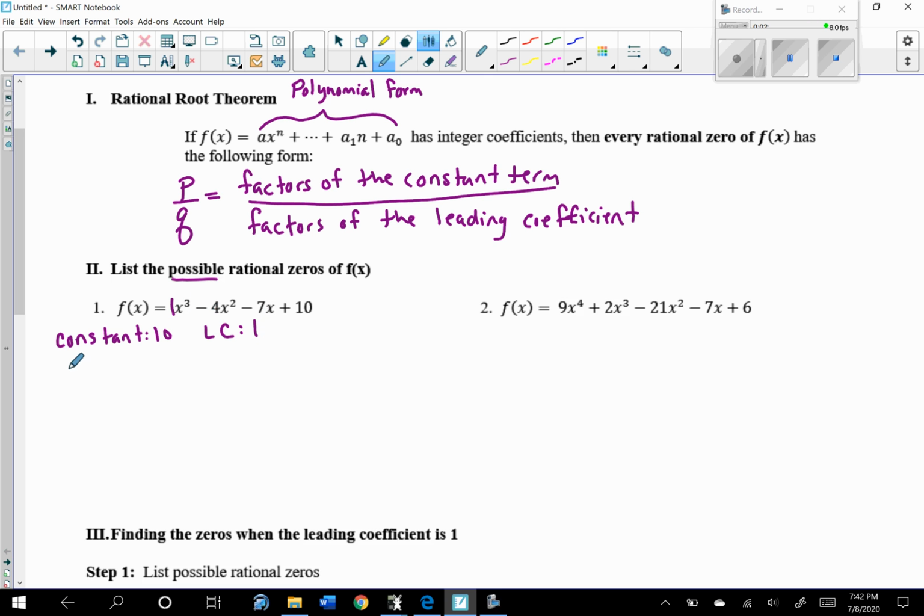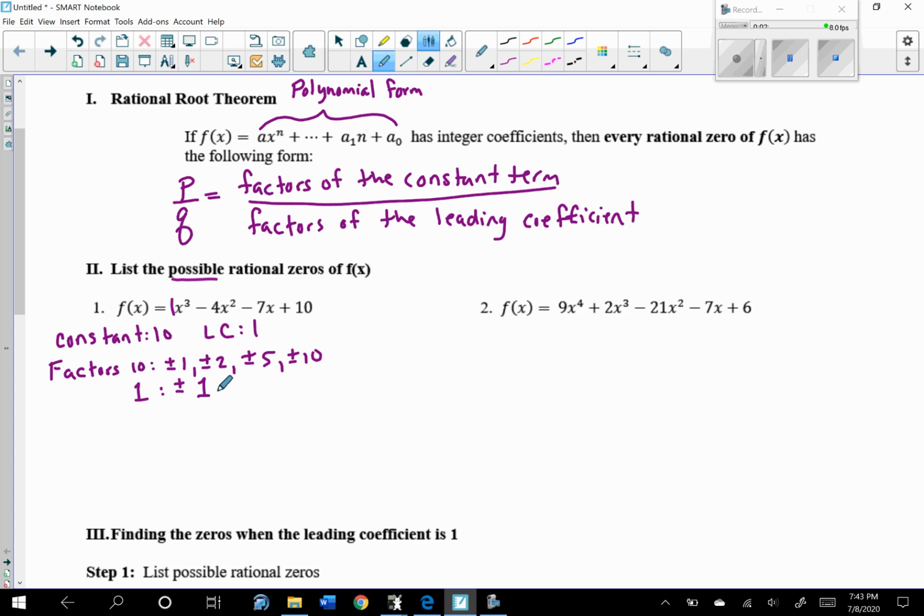So we want the factors of 10 over the factors of 1. Factors of 10, of course, are plus or minus 1, plus or minus 2, plus or minus 5, and plus or minus 10. And then factors of 1 are plus or minus just 1.